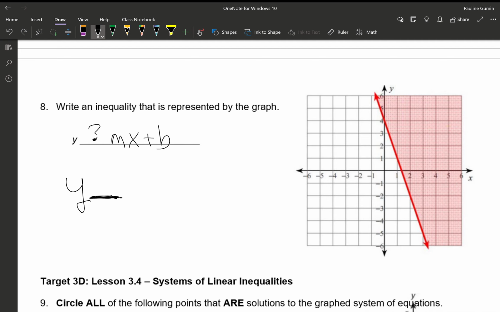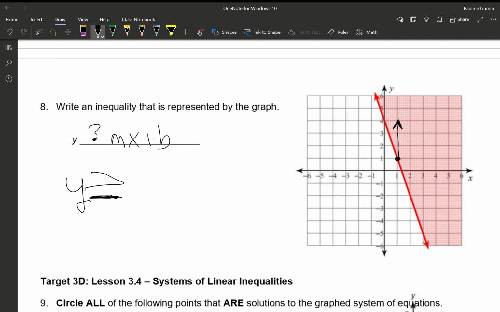Now, the way I decide which way my symbol points is by placing my pen or pencil on my solid line, anywhere on it, and then I'm going to drag my pen or pencil either up or down, and I want to drag it towards the shaded area. In this case, I would be dragging it up towards the shaded area. Up means greater than. So y is greater than or equal to.